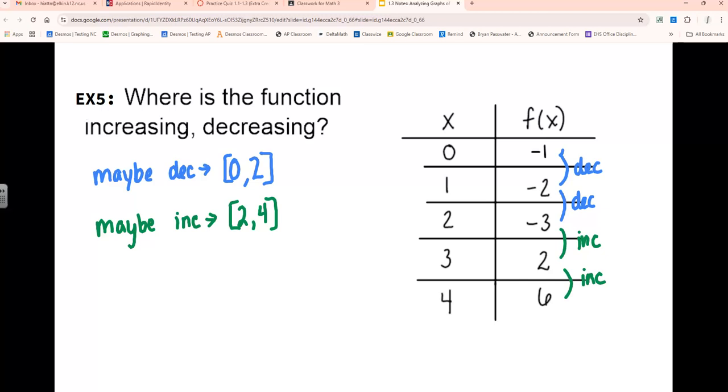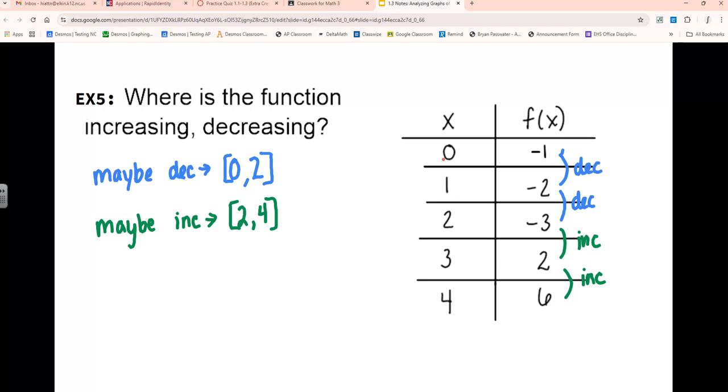But why am I saying maybe? Why am I not saying, yeah, this is it for sure? Tables only give you selected values, right? I don't know anything about this function. It could be just a list of points. Like there might not be anything in between there.